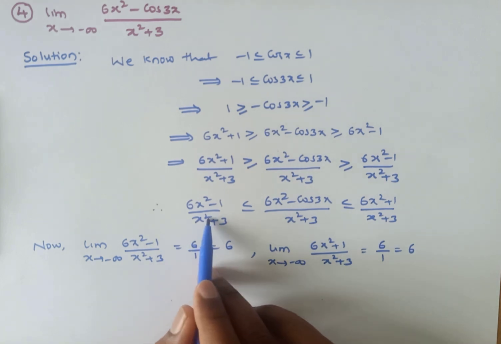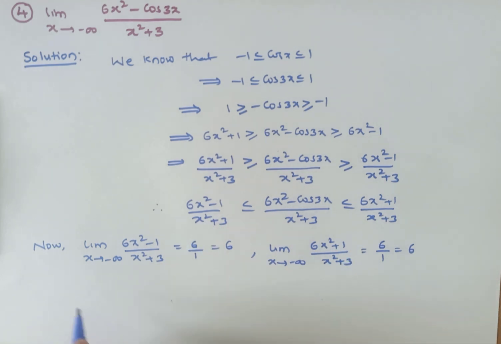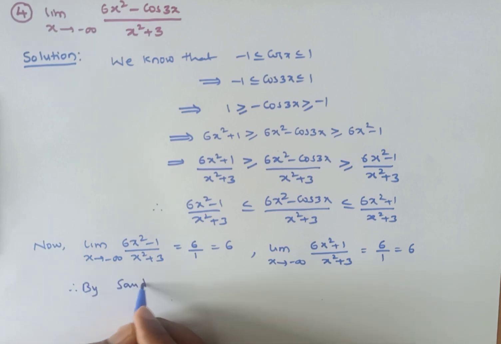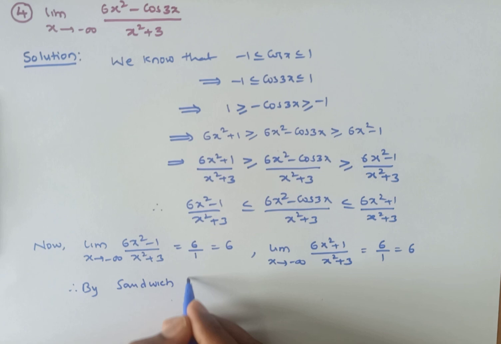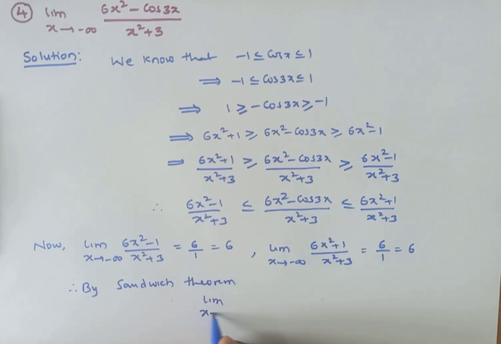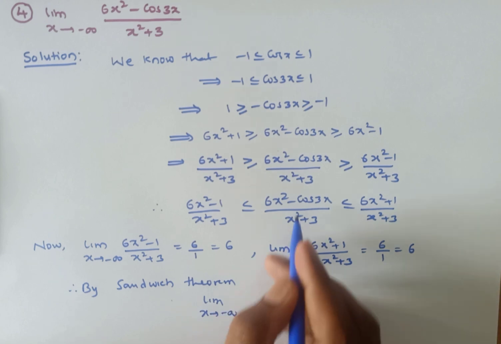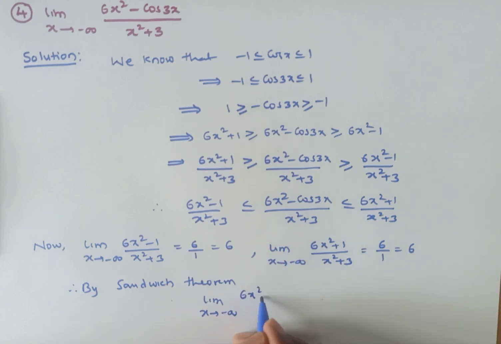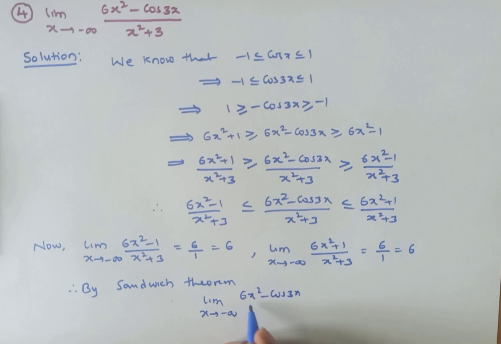So both the limits of the left and right functions are the same. Therefore by the Sandwich theorem, the limit as x tends to minus infinity of this function, 6x square minus cos 3x by x square plus 3, also equals 6.